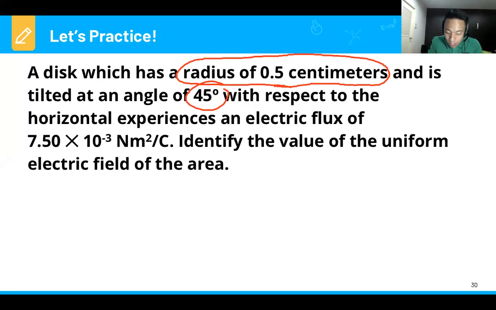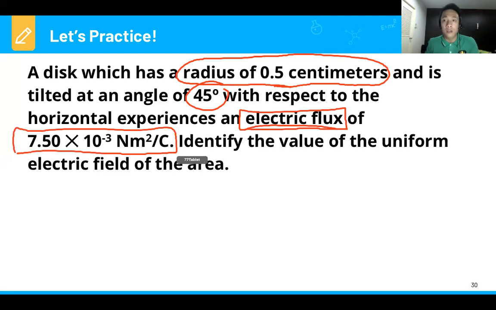And we have the electric flux itself, which is this one. So may electric flux na tayo na given, so ang hahanapin natin is yung ating electric field. Okay? So unahin natin yung radius. If we have a radius, that means our plate is a circle. So we need to find first the area of the circle.